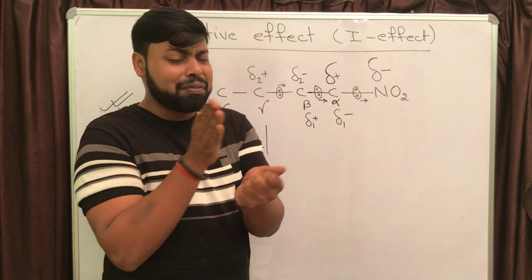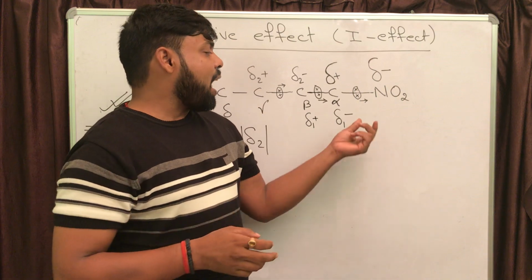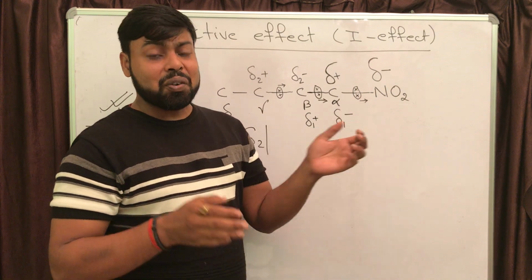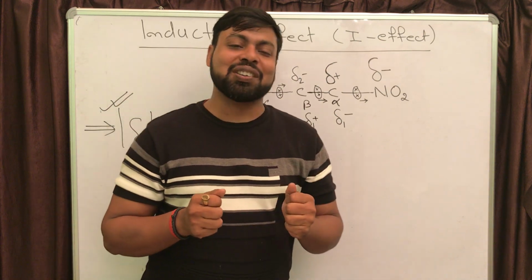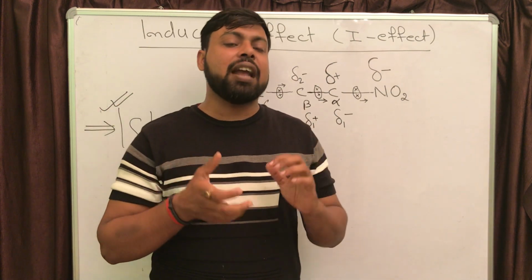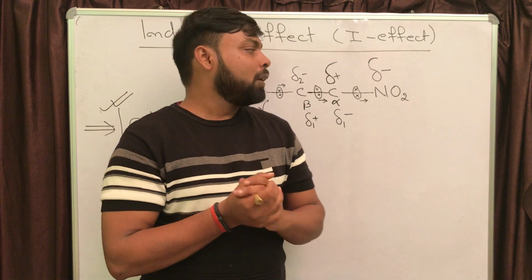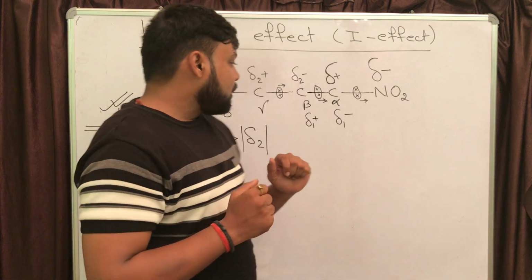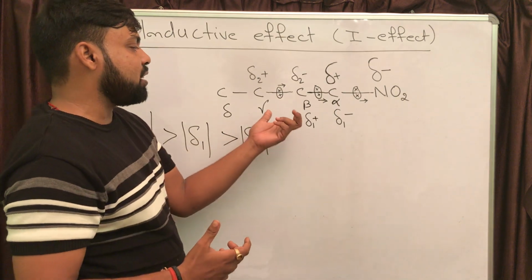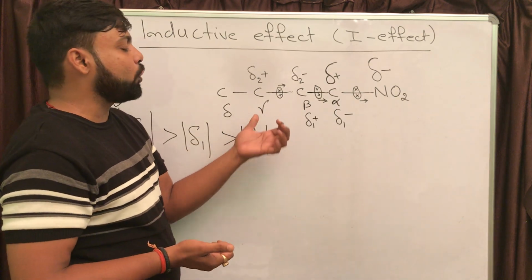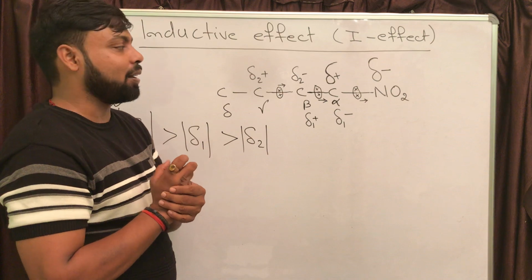It is just shifted from the mid position, and the pair of electrons which is shifting is sigma electrons, and sigma bond pair electrons are strongly held by two atoms, right? So that is why it is said the electron redistribution, or you can say electron pulling power, is going to be neglected after gamma carbon.